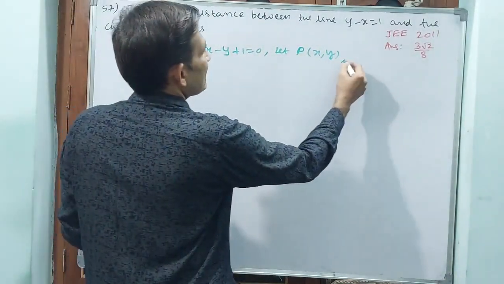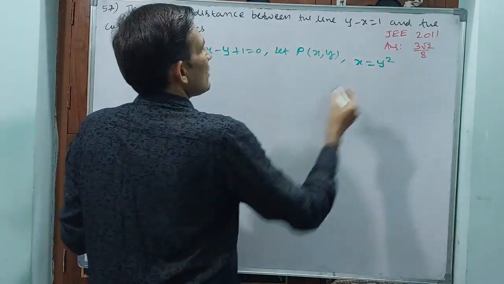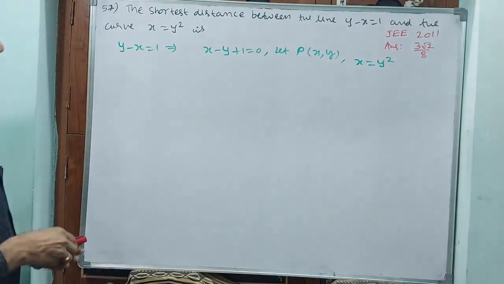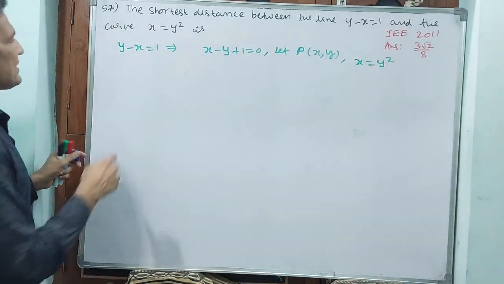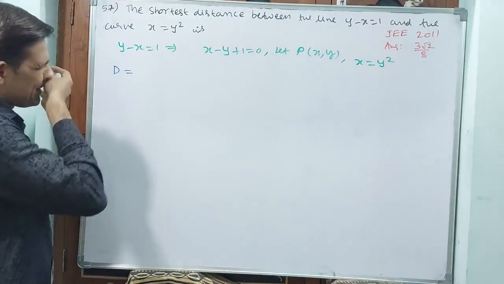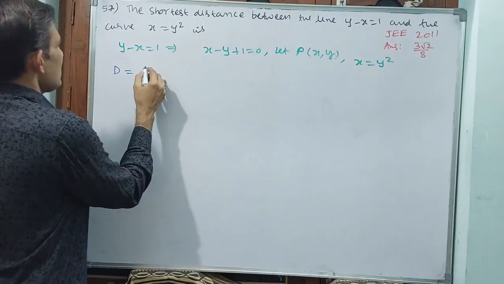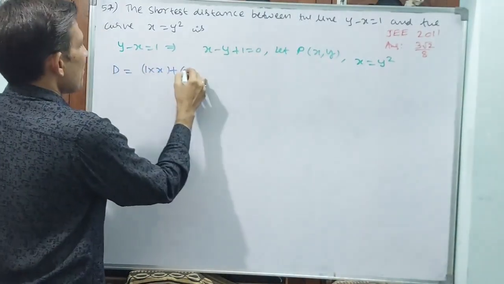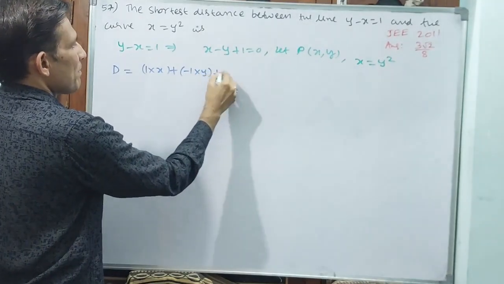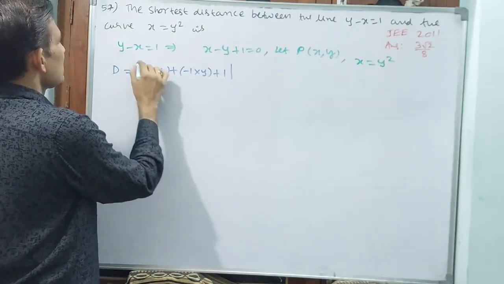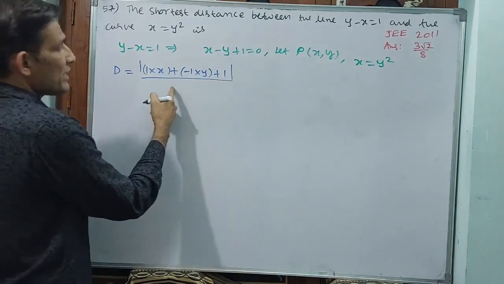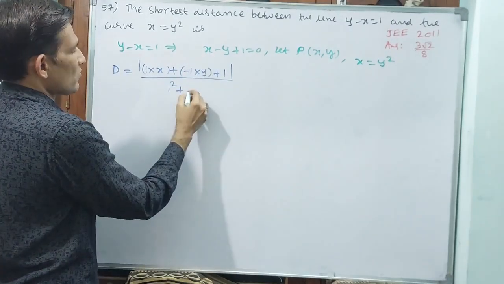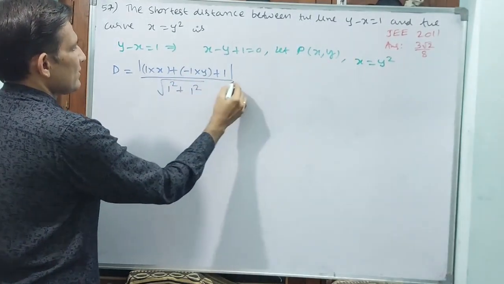And the curve, once again, is x is equal to y square. This is the given data we have written. Now the perpendicular distance I am taking as capital D. That is modulus of 1 into x plus minus 1 into y plus c, divided by root of a square plus b square, that is 1 square plus minus 1 square, so root 2.